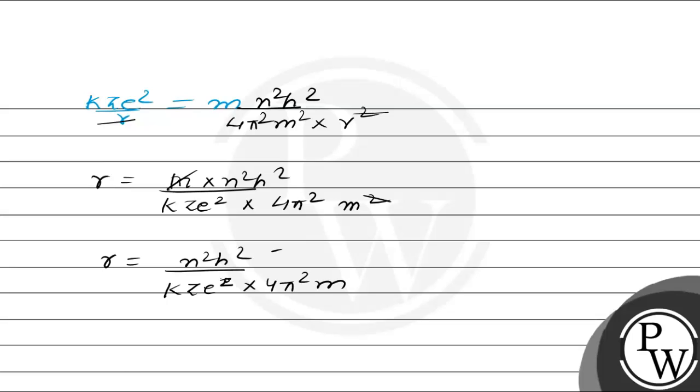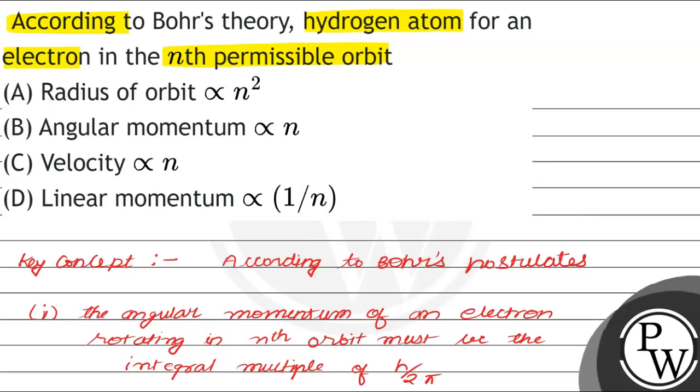So students, h was Planck's constant. This will remain constant. k is 1 upon 4 pi epsilon naught. This is also constant. Z is atomic number, which is constant. e is charge on electron, which is constant. 4 pi square is also constant. And m is the mass of electron. This is also constant. So clearly radius is proportional to n square. So we can say that option A is correct.